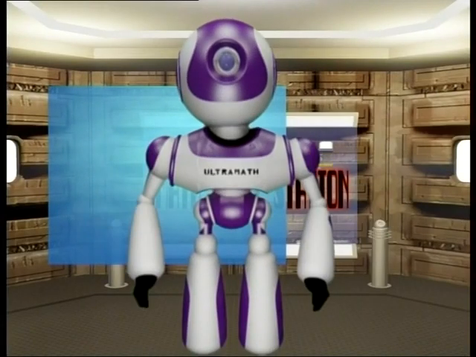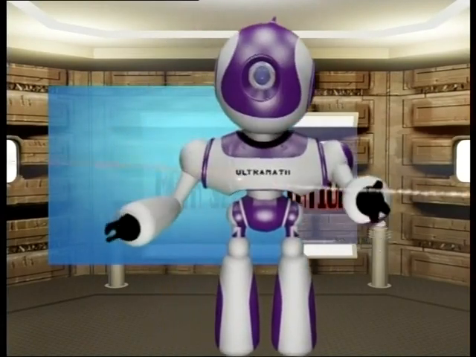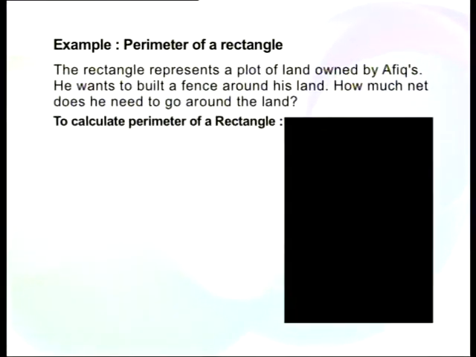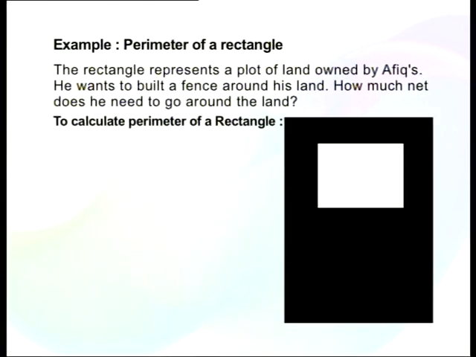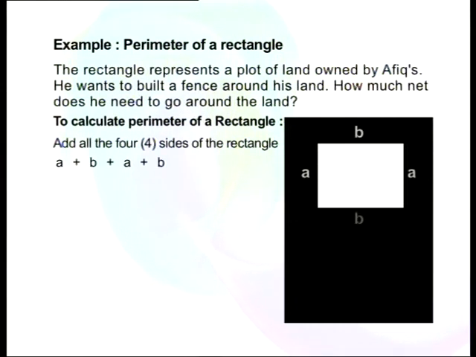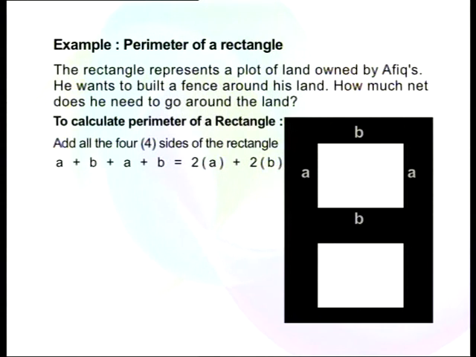What if Afik's plot of land was a rectangle? To calculate the perimeter of a rectangle, you need to add up all 4 sides of the rectangle. So, A plus B plus A plus B equals 2A's plus 2B's. Let's say this time A is equivalent to 5 and B is equivalent to 8.